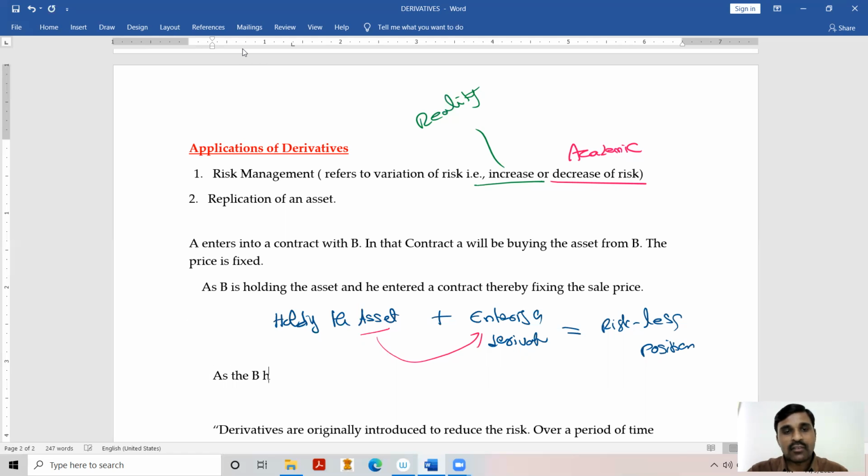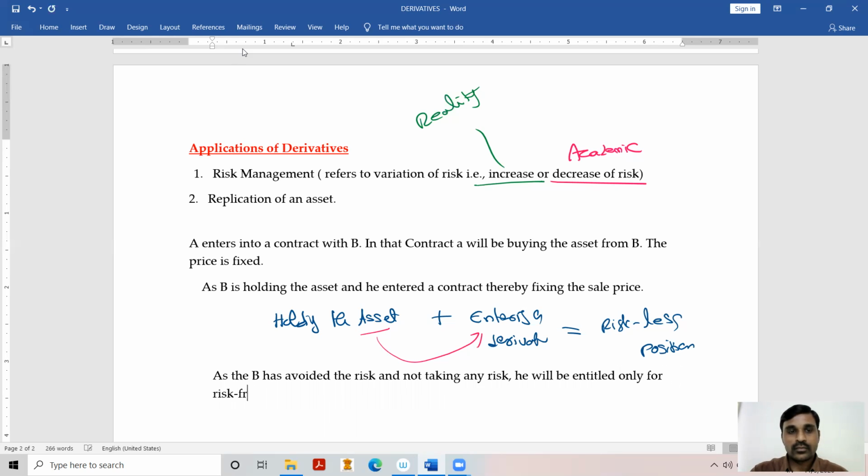As B has avoided the risk and is not taking any risk, he will be entitled only to the risk-free rate of return. Say, for example, B has 100 rupees.